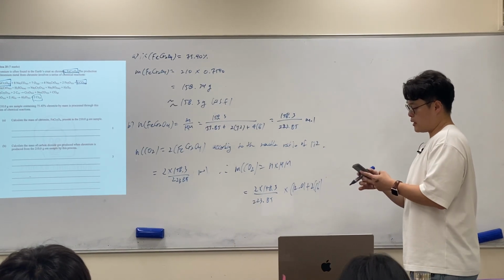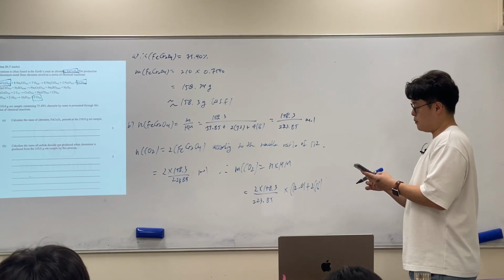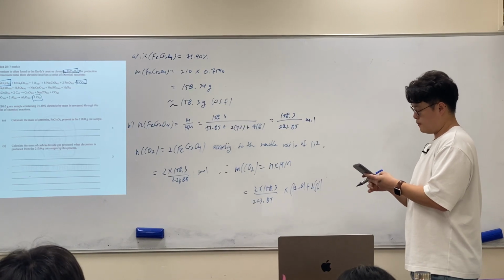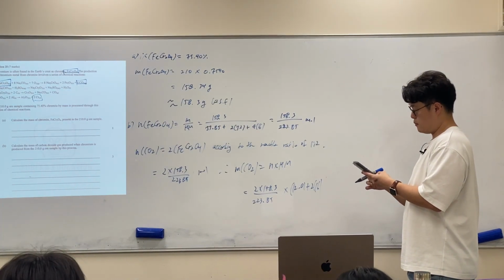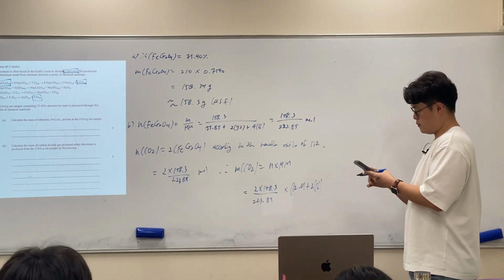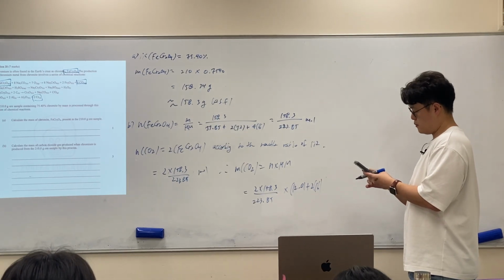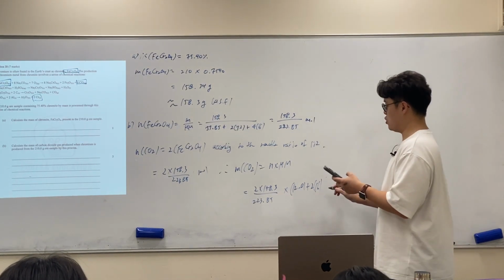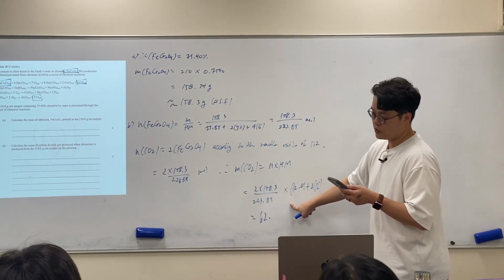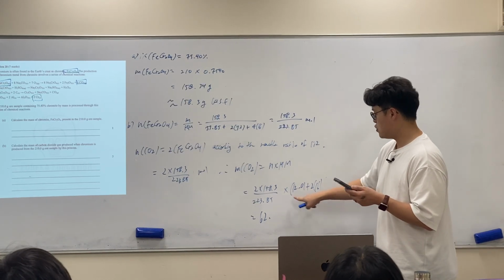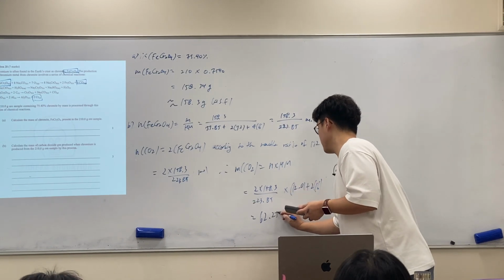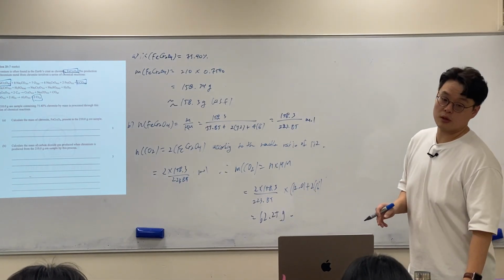So do that now, then you would get 62. Again, we fix that to the sig fig. We have 4 sig figs given, so it's 4 sig figs. 4 sig figs would be 62.25 grams for the carbon dioxide produced.